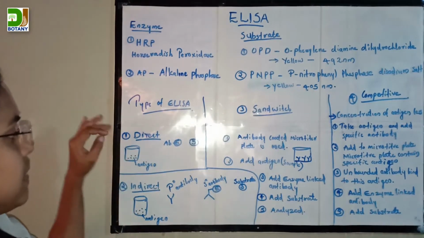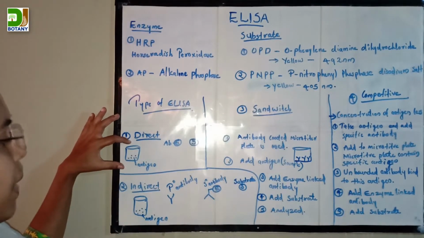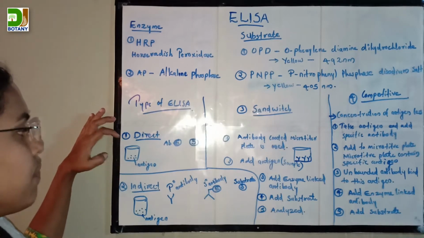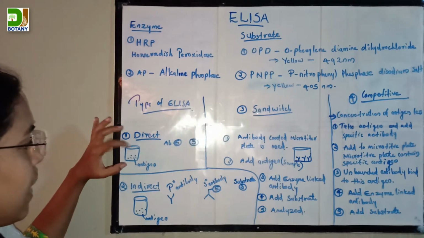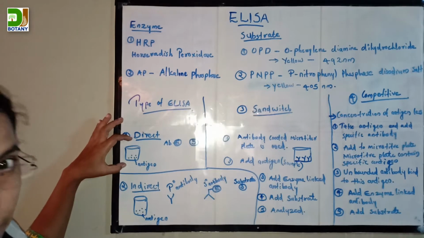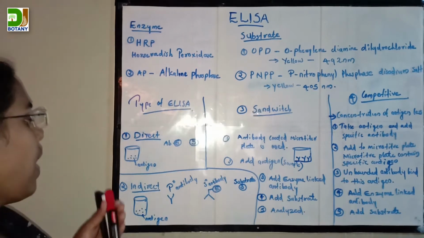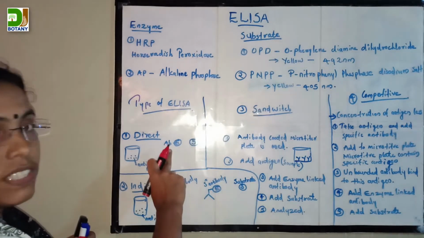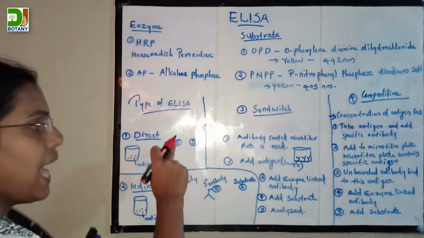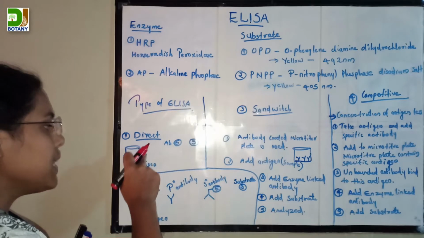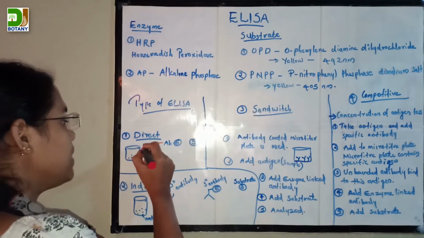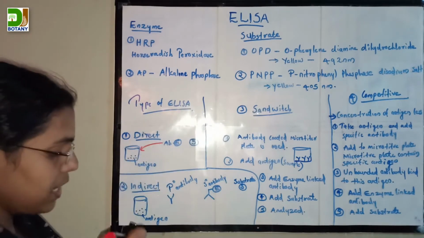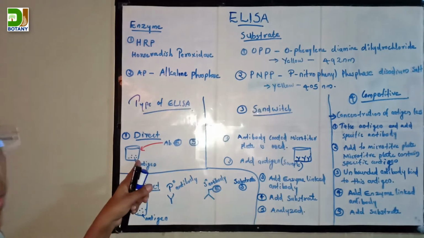In the direct method, we use a microtiter plate. First we add the antigen-containing sample to the microtiter plate. Then to this antigen we add an antibody which is enzyme linked. That means the enzyme-linked antibody is added to the antigen, and it forms an antigen-antibody complex.